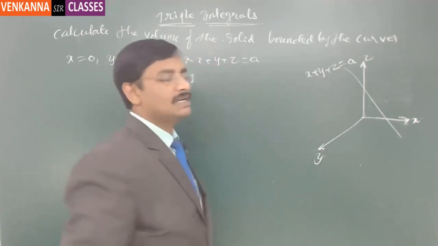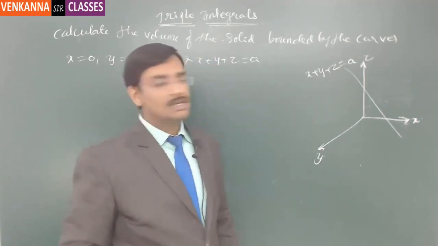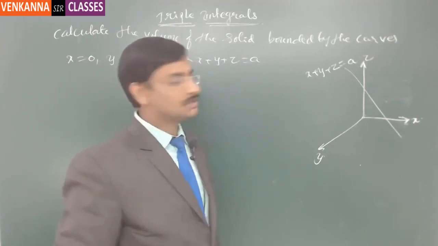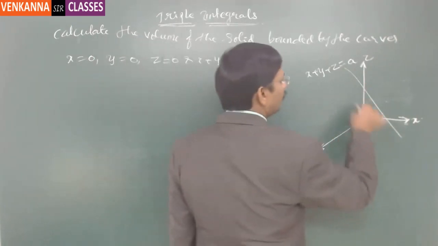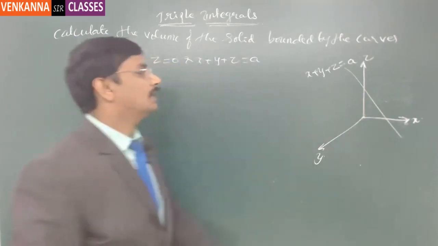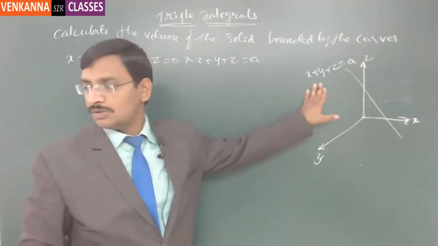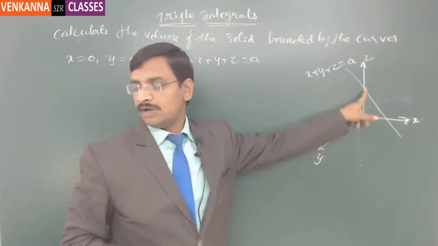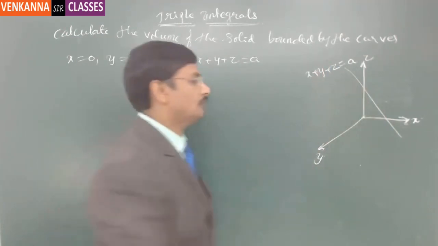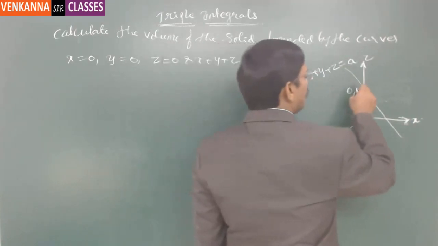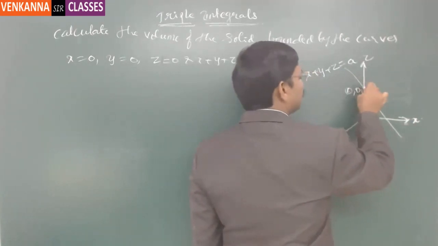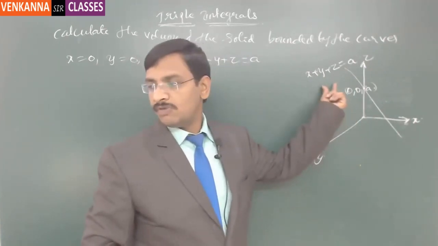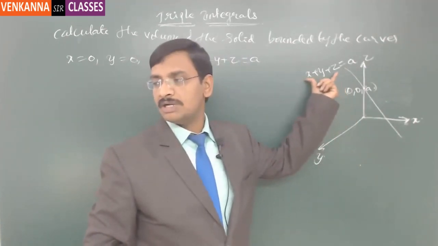Now for this plane x plus y plus z is equal to a, to identify the intersection points or the bounding volumes, let us see on the axes. If I want to find the value of z, keep x is equal to 0 and y is equal to 0. Correspondingly the z value is a. So this is the point 0, 0, a. Then on the y-axis, if you want to find the point, keep x and z as 0.